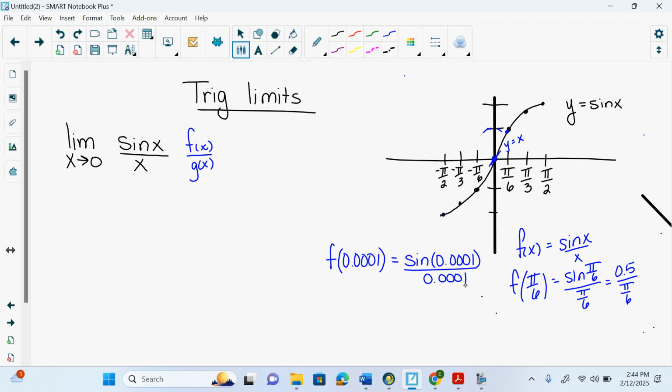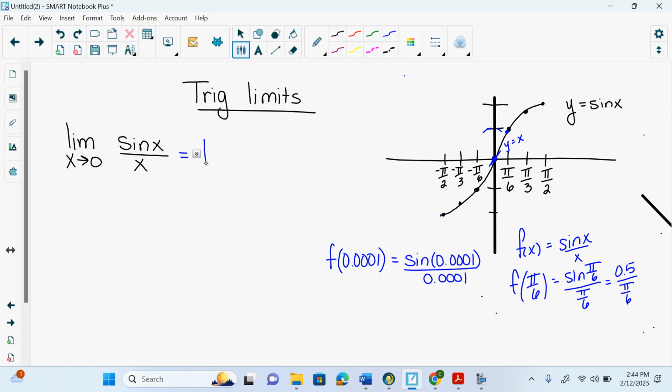What do we get? 0.999999999, which is really, really close to 1. Guess what happens when you put in negative 0.0001? You're going to get really, really close to 1. Therefore, the limit as x approaches 0 of sine x over x equals what? 1.